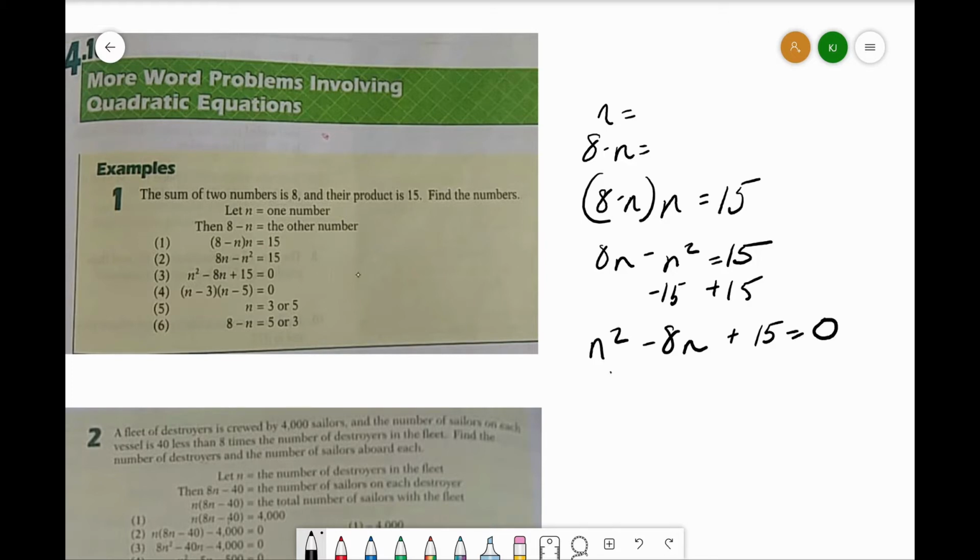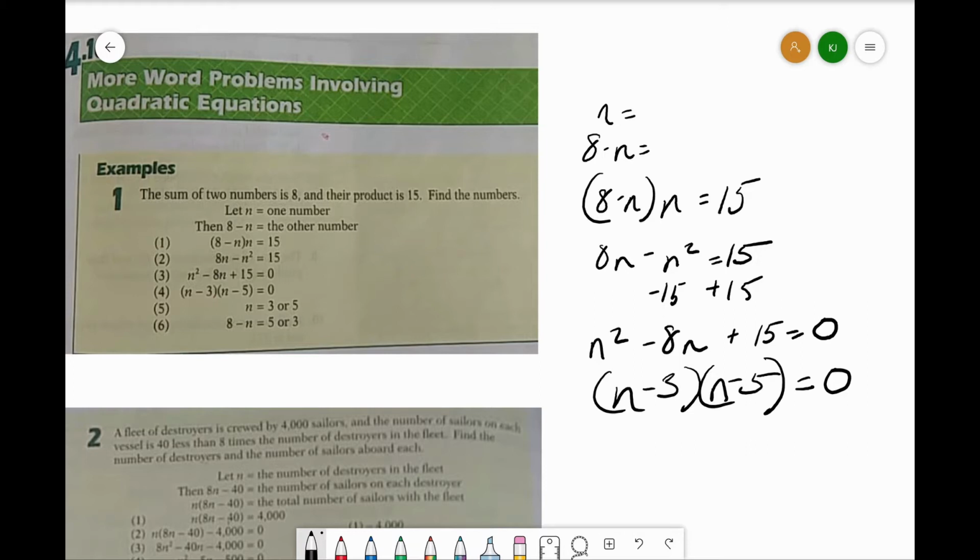And from here we can start to expand it. And we know that both can be negatives because we have a negative and a positive. Now, what multiplied together will get us 15, but added will get us 8? 3 and 5.